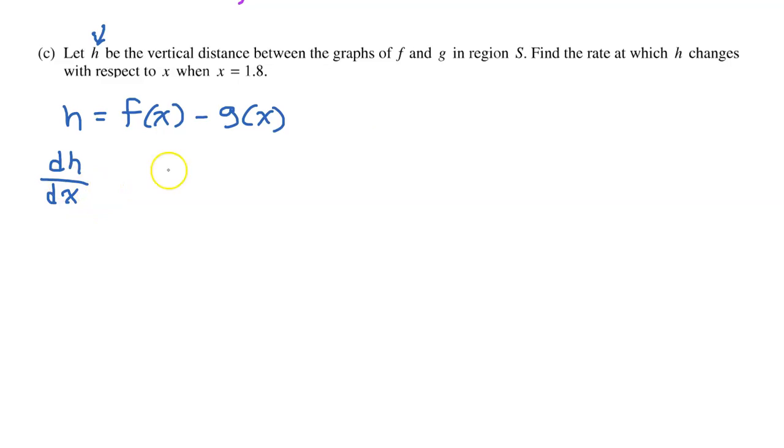Okay, it's not with respect to time. They specifically said with respect to x. So dh dx. So how do I take the derivative when the function has two terms to it? We can just differentiate term by term. So this will simply be f prime minus g prime.